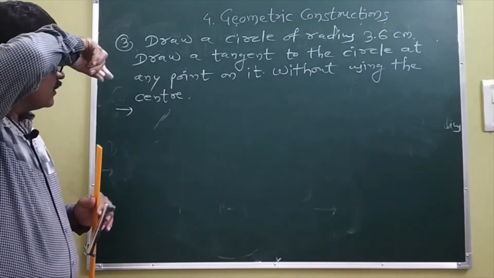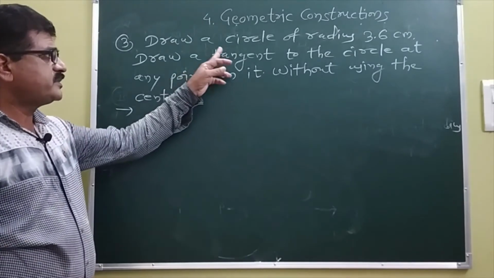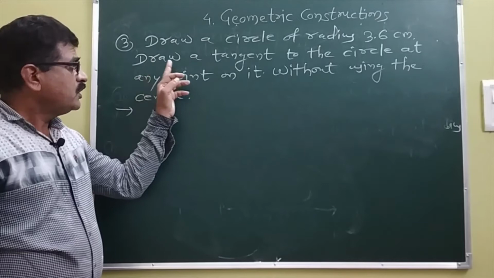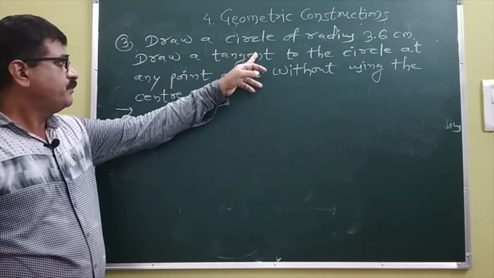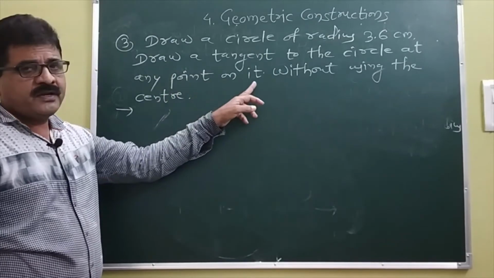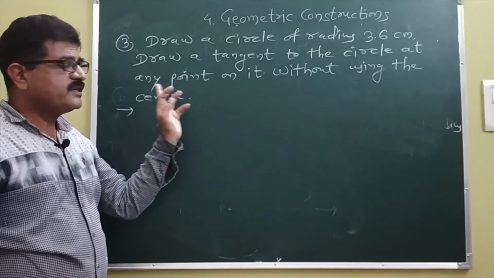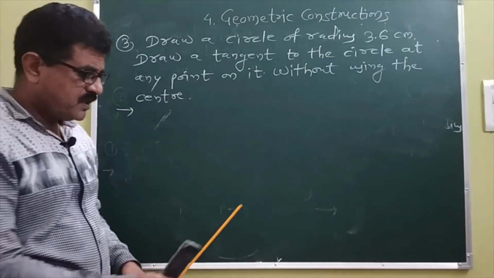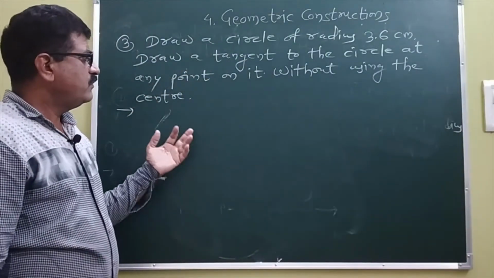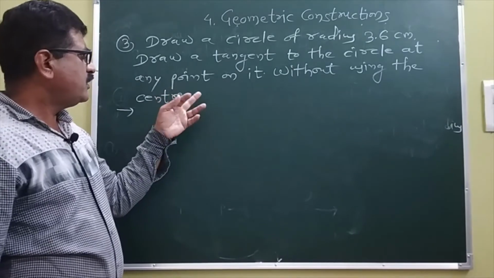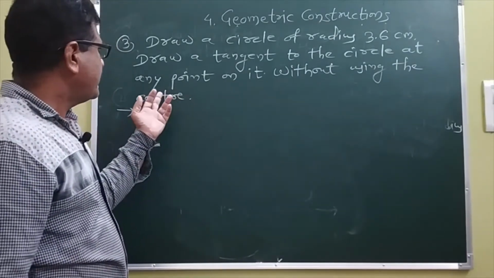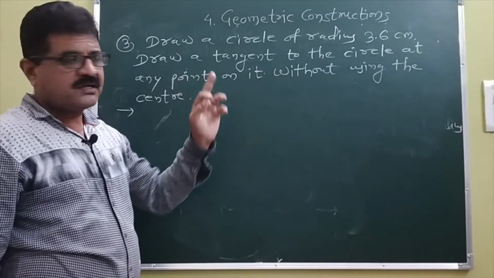Now here, first we have to draw a circle of radius 3.6 centimeter. This is the first step. Draw a tangent to the circle at any point on it without using the center. In the first two examples, we drew a tangent with the help of the center of the circle.